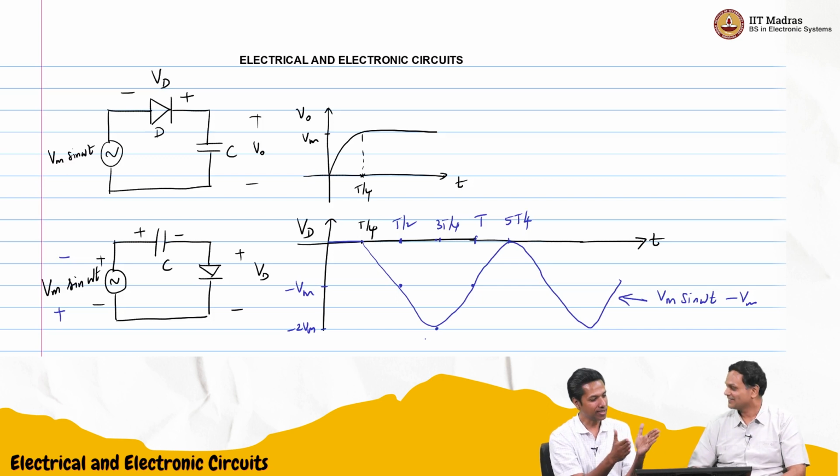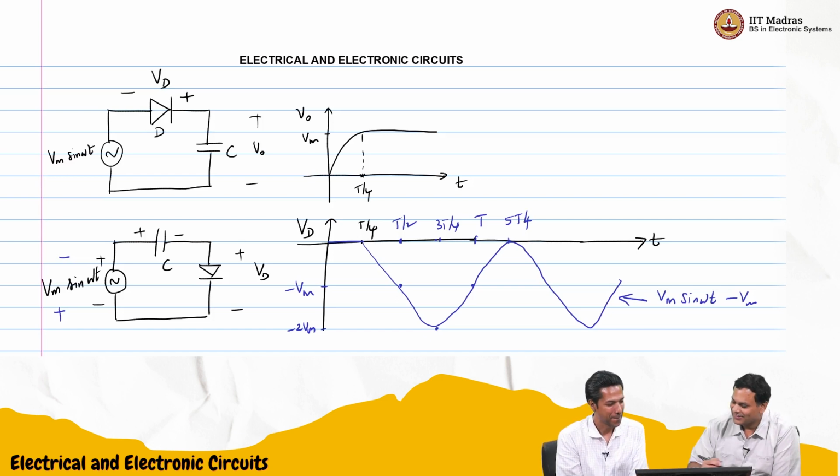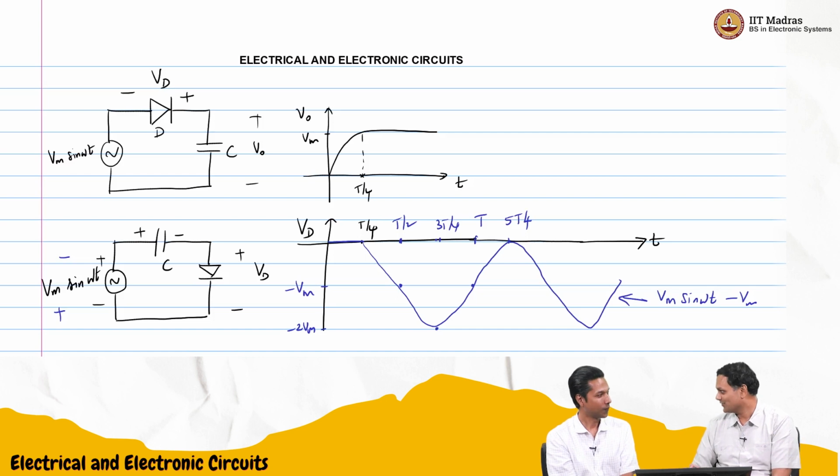So now the capacitor gets to that peak value in time and then clamps. You're absolutely right, exactly what you said, it clamps the voltage. Because of that, this circuit is called a clamper circuit.